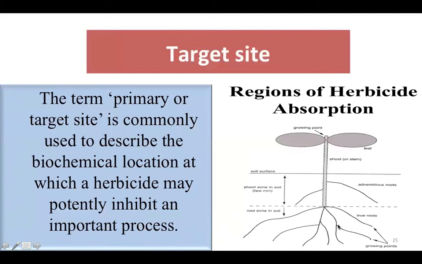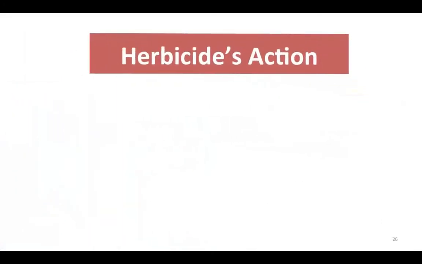In this diagram, here is the apex, which is called the intercalary apical meristem, the growing point for any plant. If the herbicide is applied directly here, it may directly attack that target site and inhibit various important biochemical processes of the plant by means of absorption.